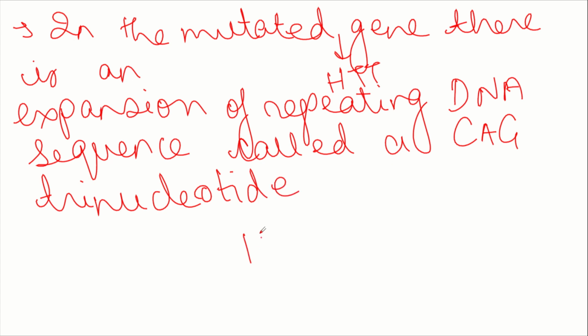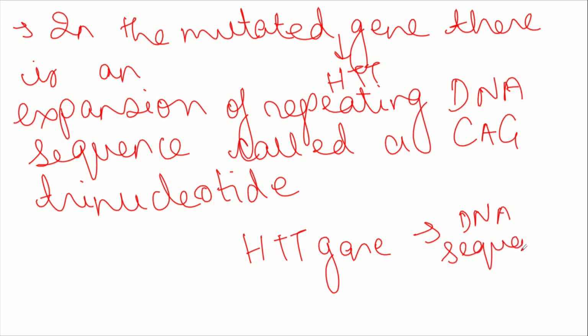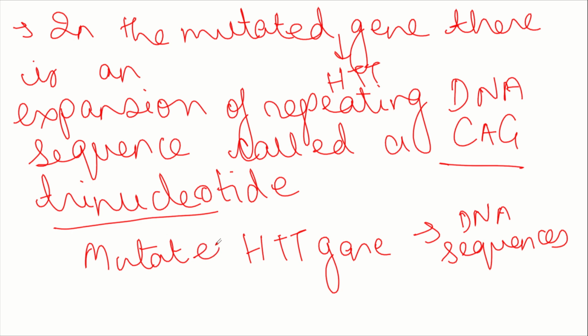So in the HTT gene, there are DNA sequences where there is a repetition of CAG trinucleotide. So what is a CAG? Cysteine, adenine and guanosine. So there is a repetition of this trinucleotide in the mutated HTT gene. Okay.